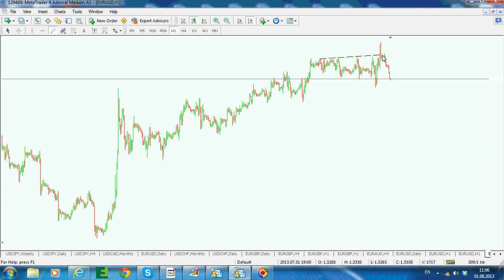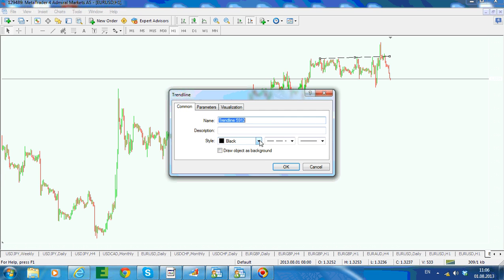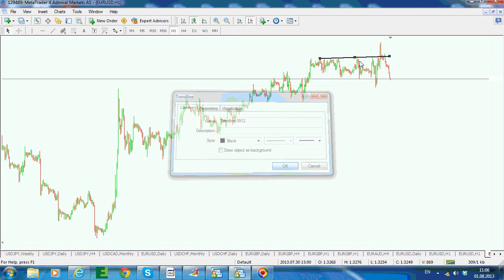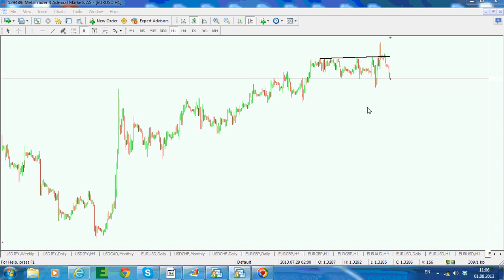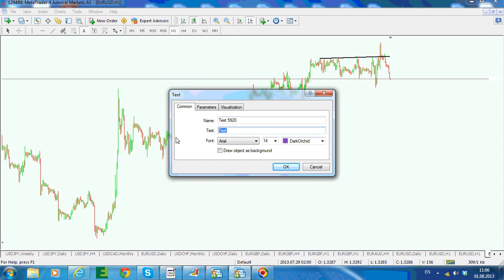So this is the expanding triangle, and this should be labeled like an A wave. Let me make A of black, something like this.